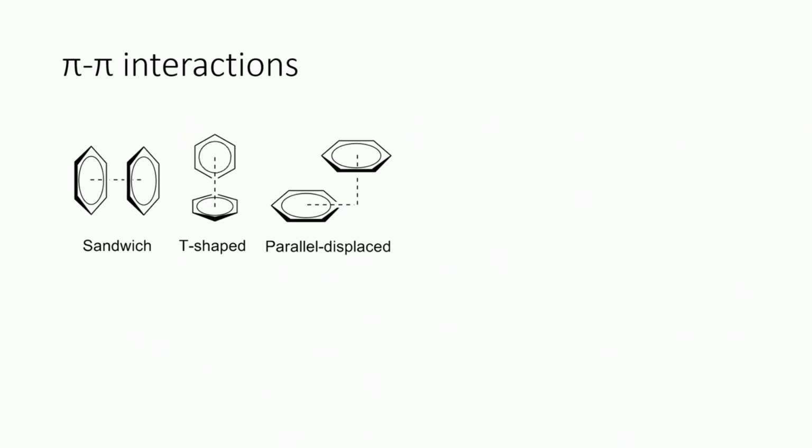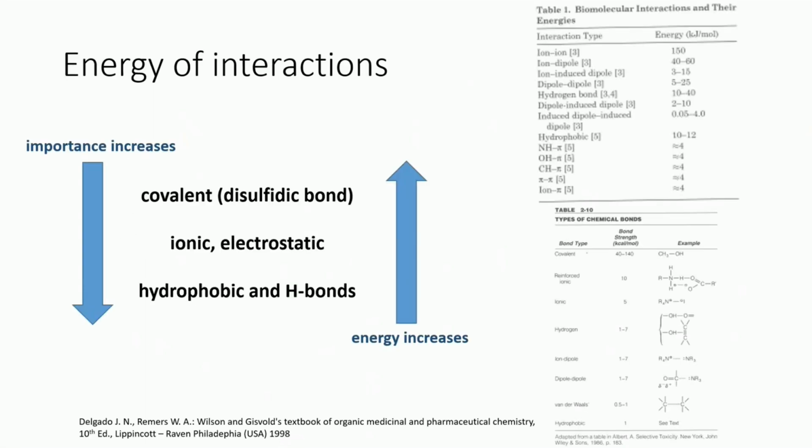So we talked about covalent bonds and different types of non-covalent bonds, for example, ionic, hydrogen bond, halogen bond, dipole-dipole interactions, and van der Waals forces, as well as pi-pi interactions.